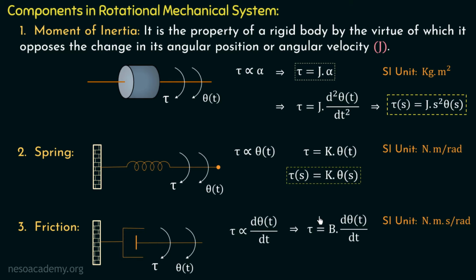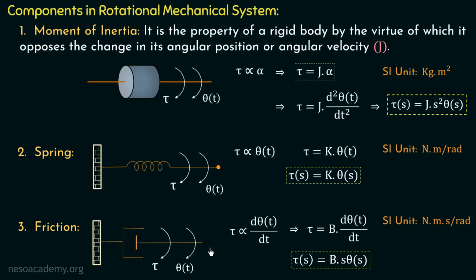Now, if we apply Laplace transform in this equation, we will have tau s equal to b multiplied with s theta s. The Laplace transform of d theta t over dt is s theta s, and the Laplace transform of tau is tau s. And this is the torque equation in case of a damper.